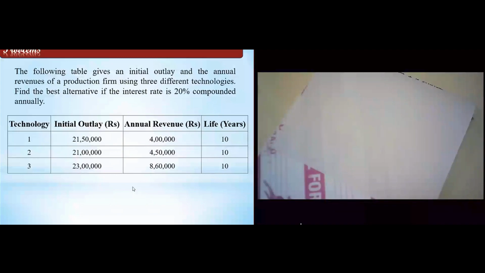Here in this numerical we have only one factor relating to the cost, and we have a series of annual revenue for a period of 10 years. The annual revenue value here would be more than the cost factor. That is why we go with the revenue dominated cash flow diagram.